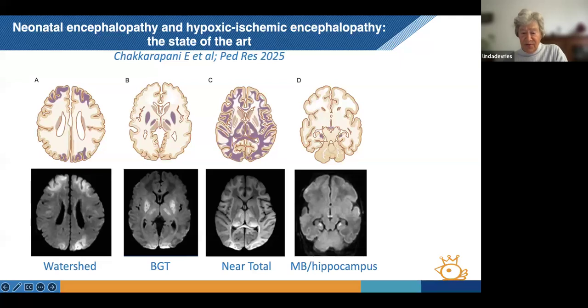And this is what we tend to call the near total pattern of injury, so the most severe pattern of injury. And then recently, we paid more attention. We recognized that the mammillary bodies, these tiny little round areas over here, and the hippocampi can also be involved and are important for subsequent outcome, especially memory and also total and performance IQ.